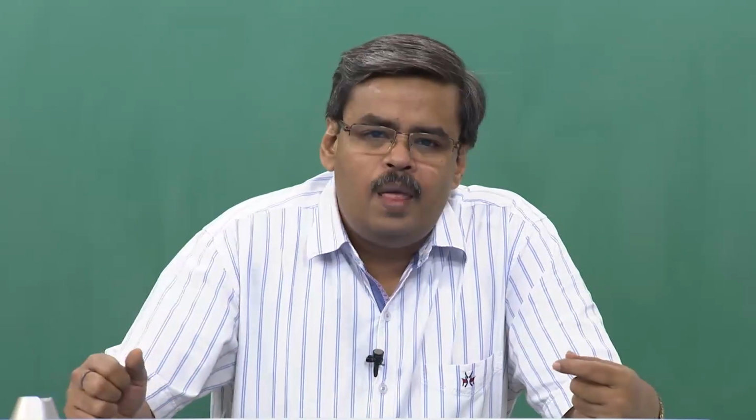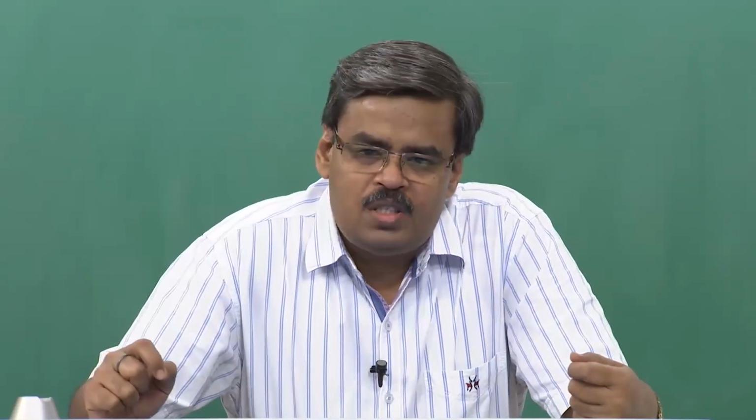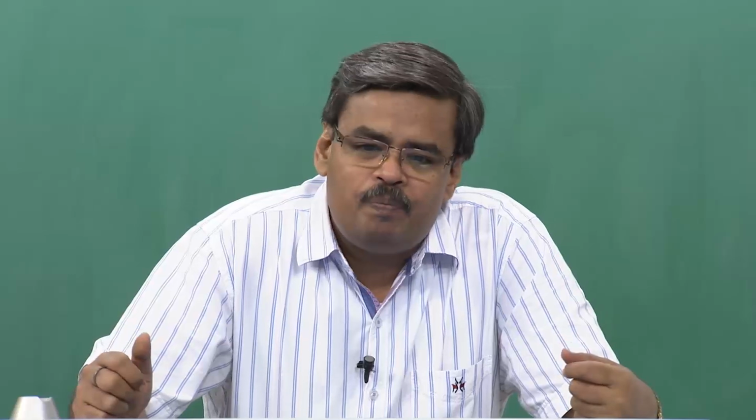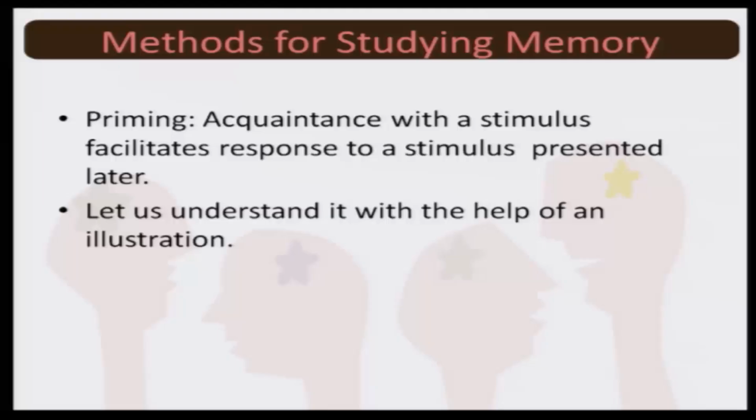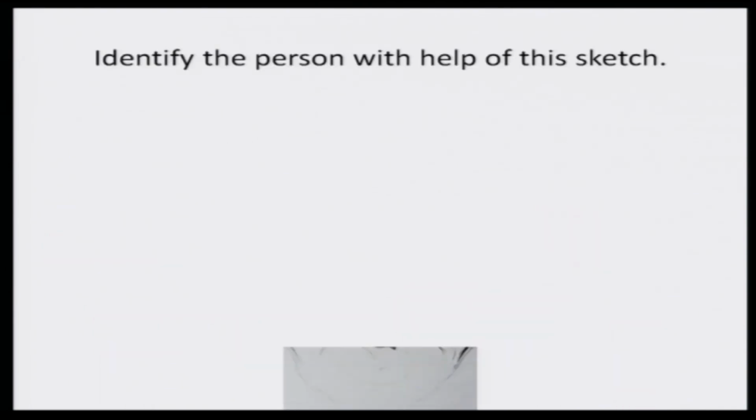The third and interesting method of studying memory is priming. Now, in case of priming, how acquainted you are with the stimulus is important. Acquaintance with a stimulus basically facilitates your response to a stimulus which is presented later. Now, let us understand this with the help of this illustration.